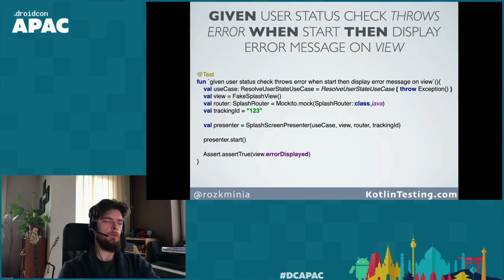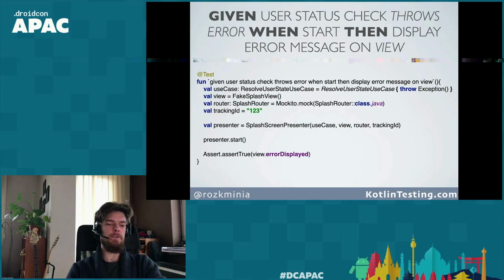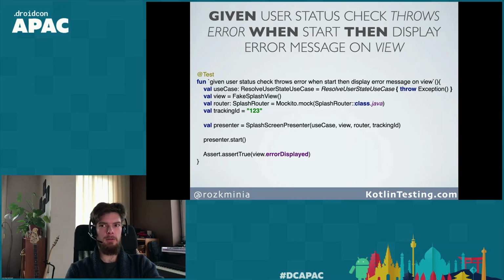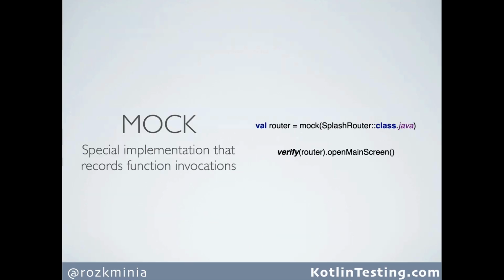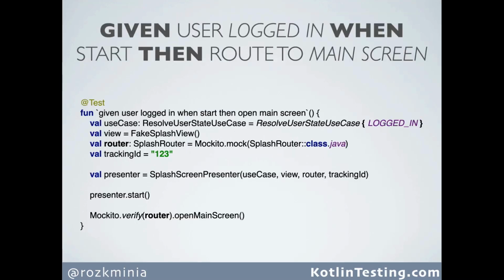We have mock. We want to somehow record interactions with Splash router. And we can use here a mocking framework, such as Mockito, to verify if given method was invoked. And we can use stuff like Mockito to perform assertion.